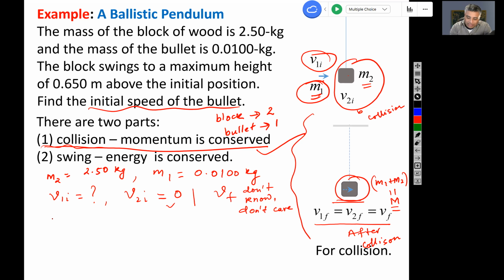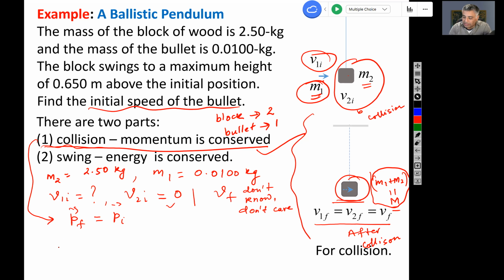So let's use conservation of momentum. Let's write this. Total final momentum is equal to total initial momentum. What is total final momentum? This, right? The final mass.